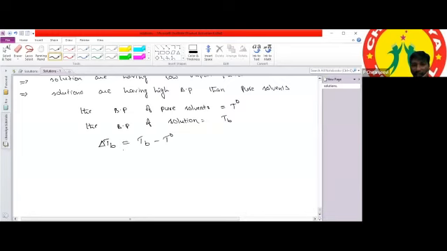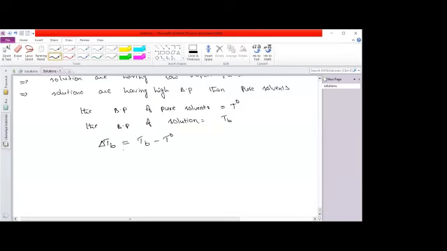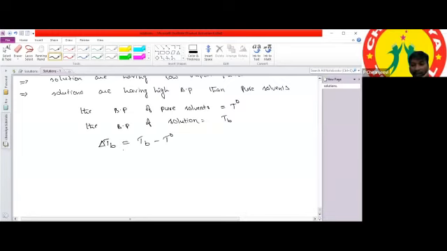Did all of you get it? Sir, could you repeat the definition? So once again, I'm repeating the definition. Elevation of boiling point temperature is defined as the difference between the boiling point temperature of the solution and the boiling point temperature of the pure solvent.